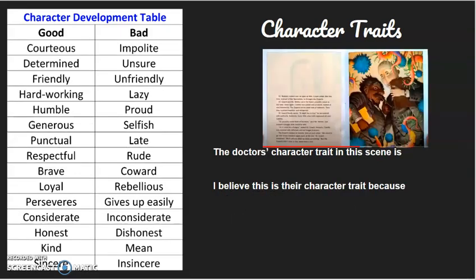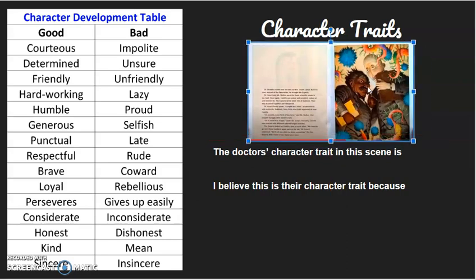The next one I'm going to do is going to be the doctors. Now, when you're trying to figure out character traits, you don't just look for the character traits of the main characters, you have to look for all the characters in the book. So the doctors' character trait in this scene is something. If you remember, they brought a whole lab of people, and they were looking at her, and they could not figure out for the life of them what was wrong with Camila.